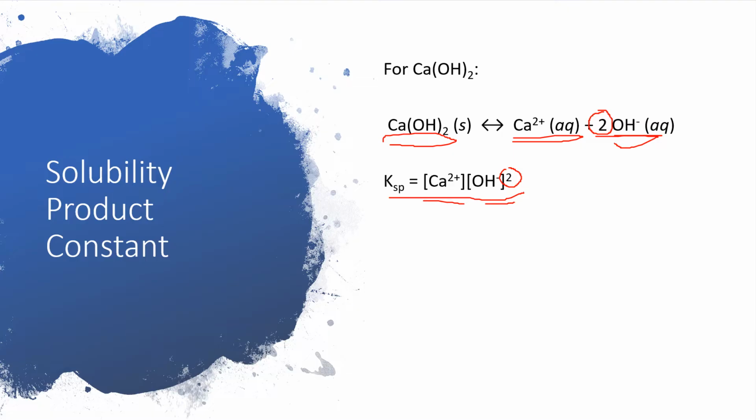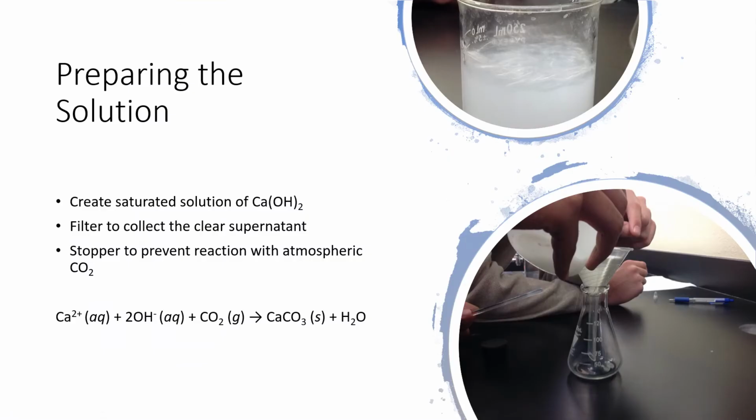We can determine the concentration of hydroxide ions by a simple acid-base titration with hydrochloric acid and bromothymol blue indicator. Before we titrate, we have to prepare a saturated solution of calcium hydroxide by dissolving solid calcium hydroxide in water until a white precipitate remains and does not dissolve further.